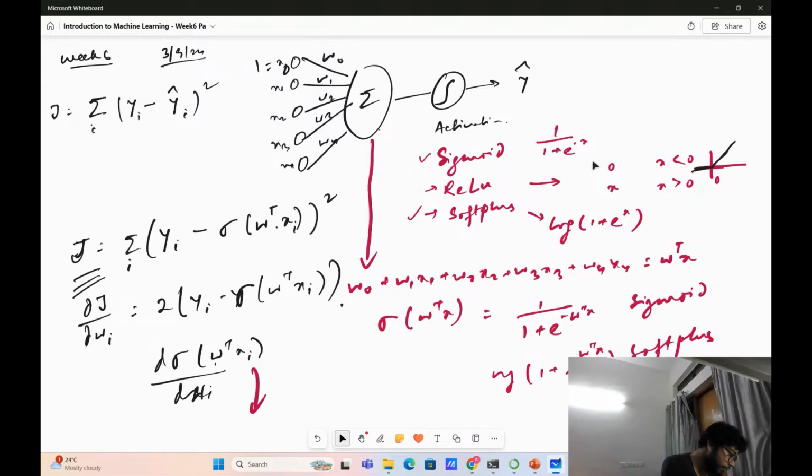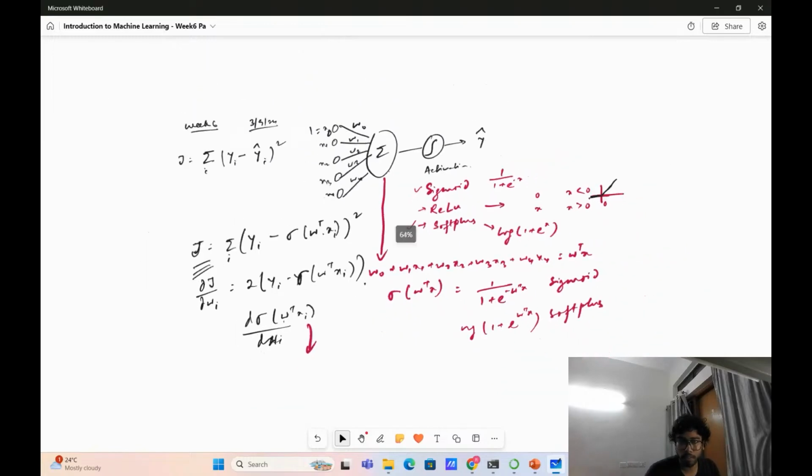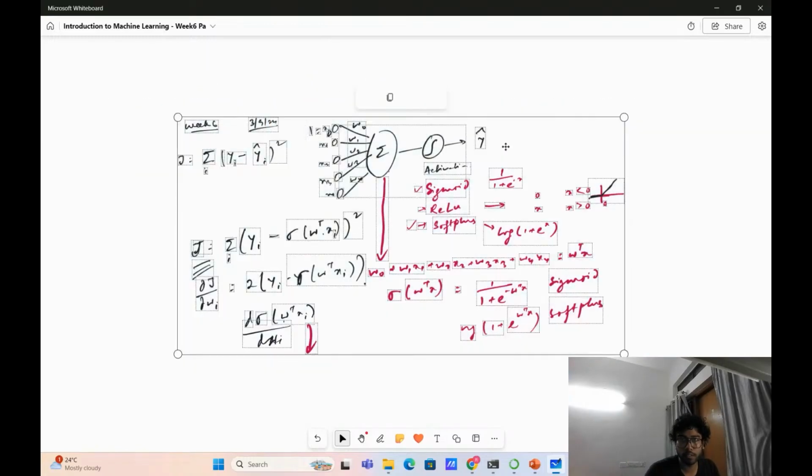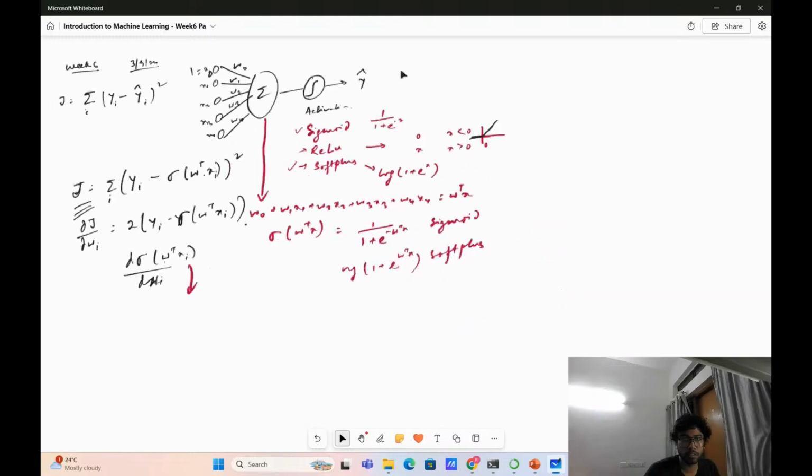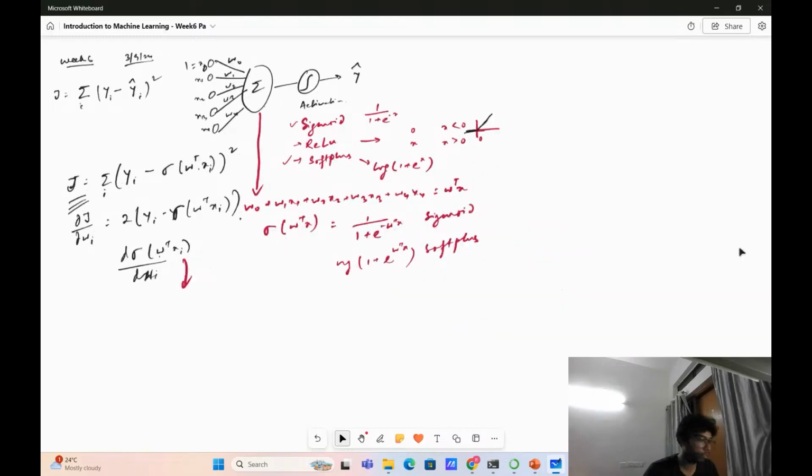So how will we calculate this derivative? Let's consider two cases. First we'll calculate this derivative for the sigmoid function, and then we'll calculate it for the softplus function, and we'll see what the difference is.